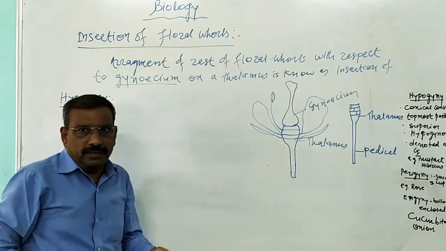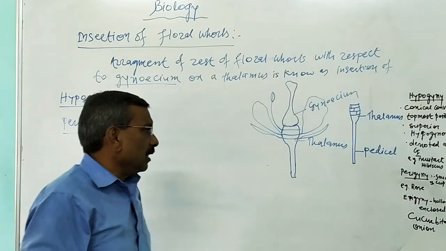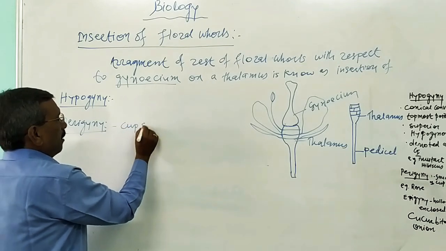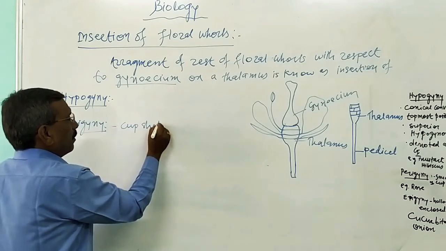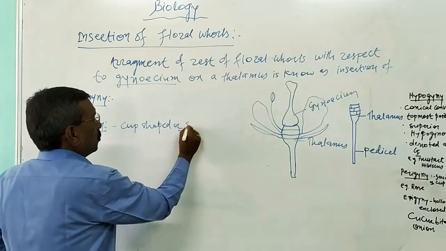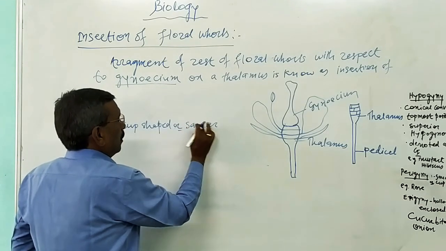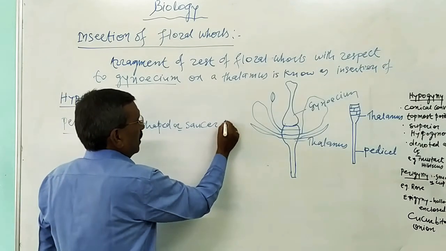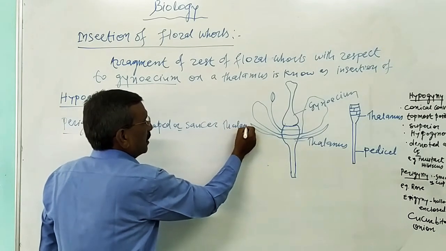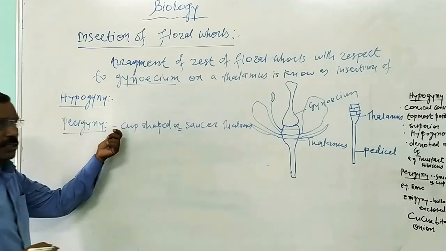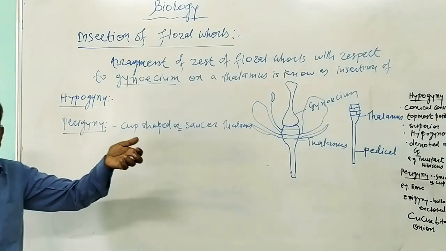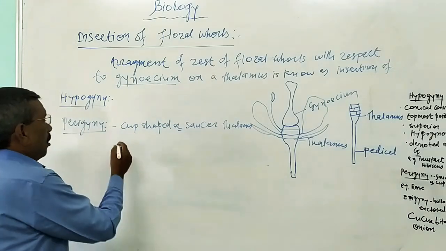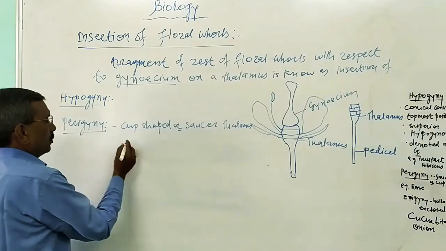In perigyny, the thalamus is generally cup-shaped or saucer-shaped. How will the thalamus be? The thalamus will be cup-shaped or saucer-shaped. That is, it is expanded. The thalamus is expanded.